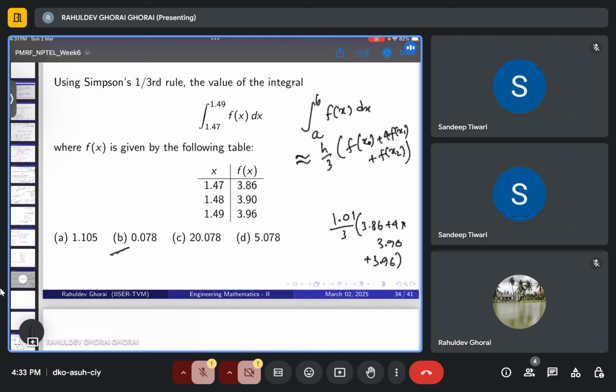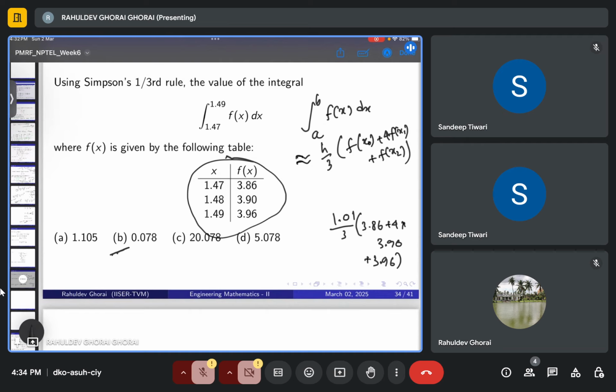Here you approximate using the point values. You don't need all the point values, but up to some error you can find the integral value, which means the area under the curve, in this case the area from 1.47 to 1.49 for the function f(x), which you know only at these point values. That's how one can do it.